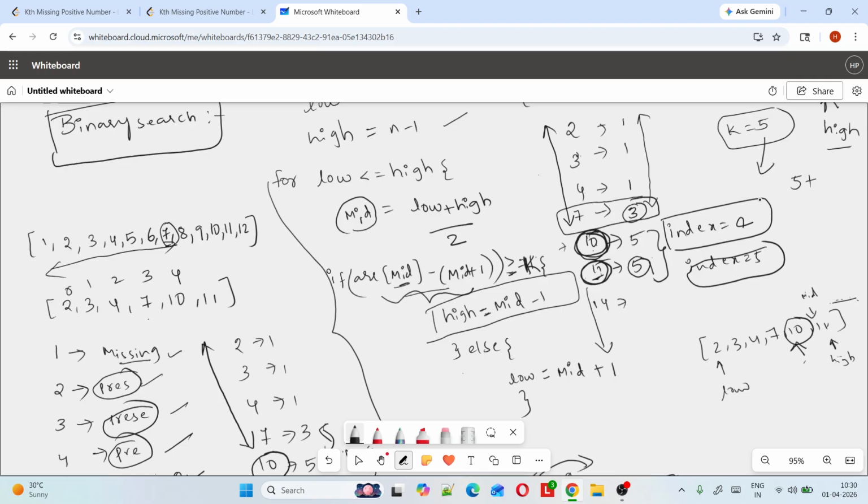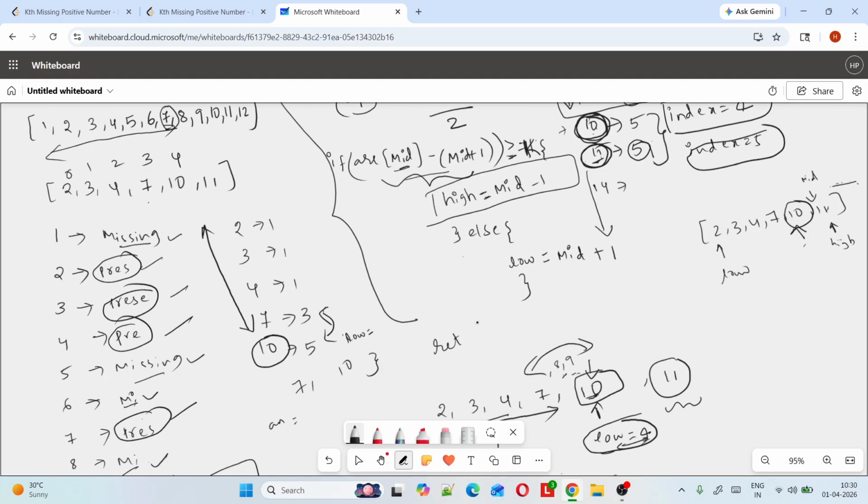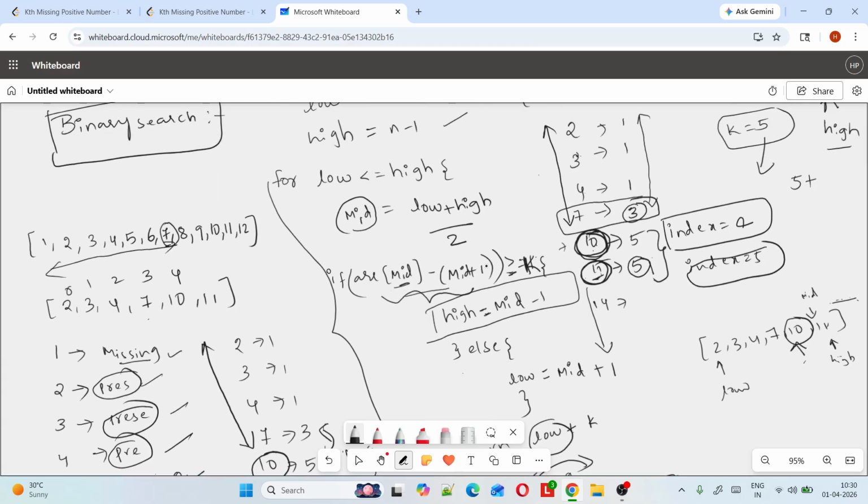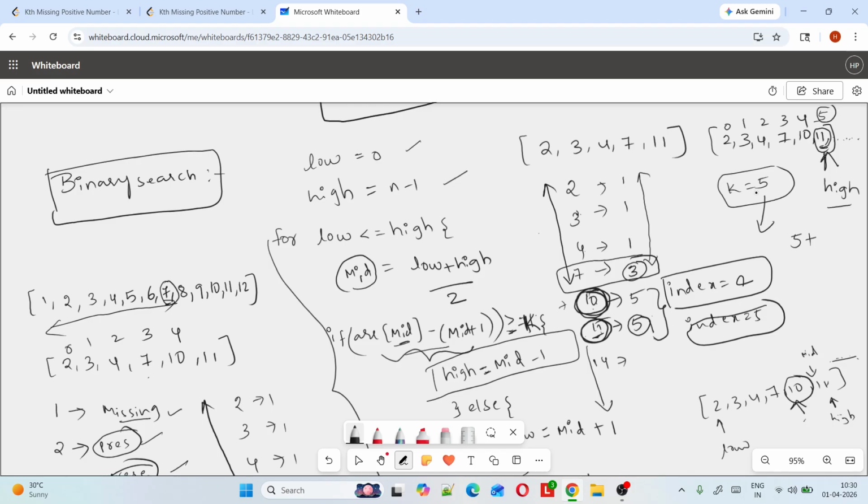If you return low plus k, because low denotes the first index where this condition is satisfied, and you take this index, then 5 plus 5 is 10.